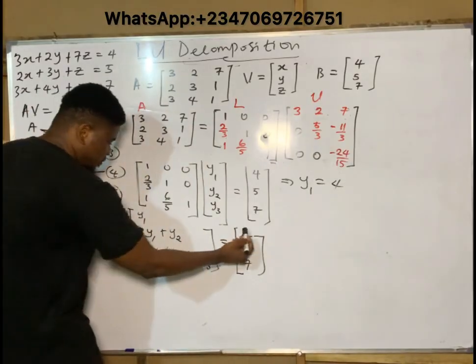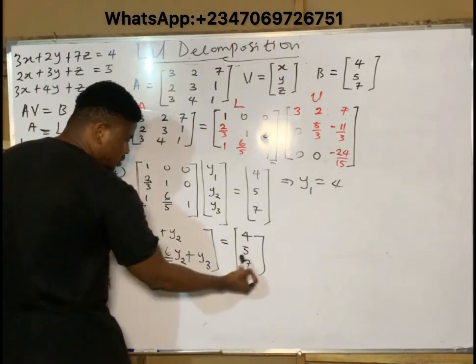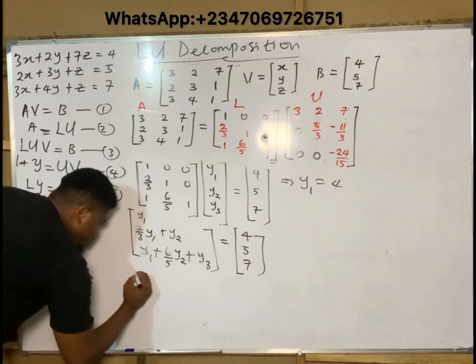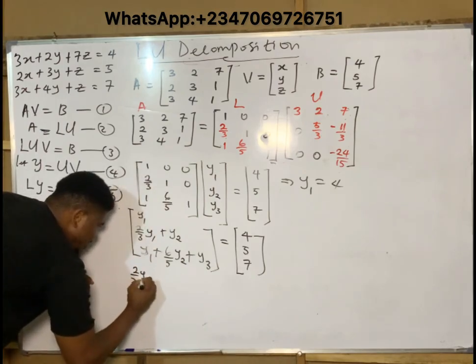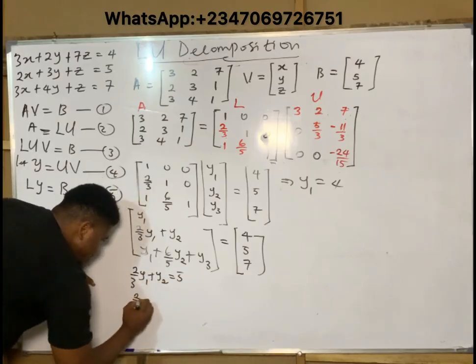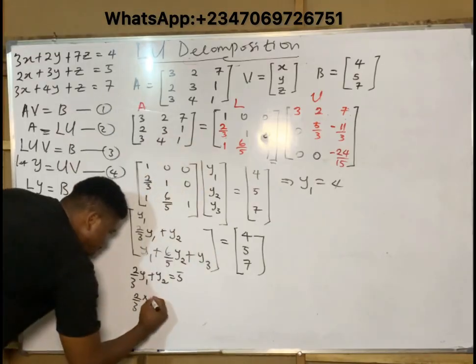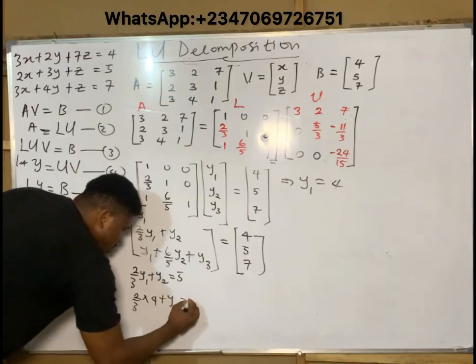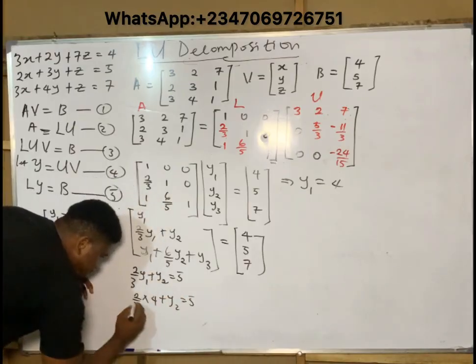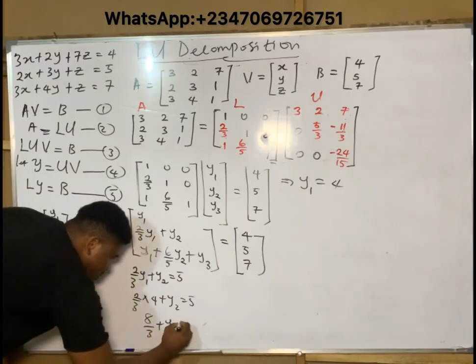So y1 equals 4. Then 2 over 3 y1 plus y2 is going to be equal to 5. This is now 2 over 3 times 4, since y1 is 4, plus y2 equals 5. So 2 times 4 is 8 over 3 plus y2 equals 5.